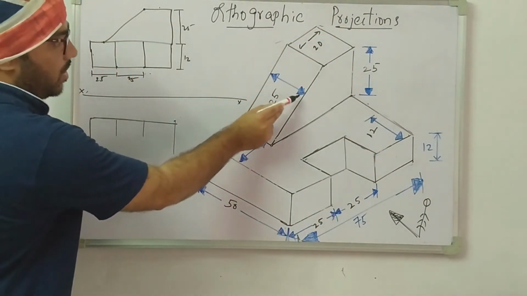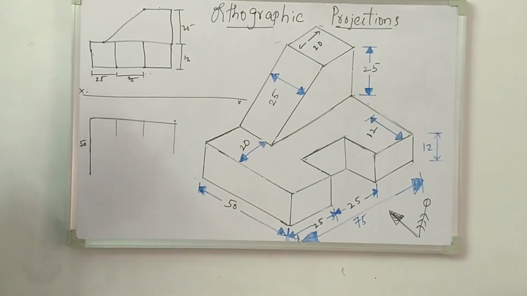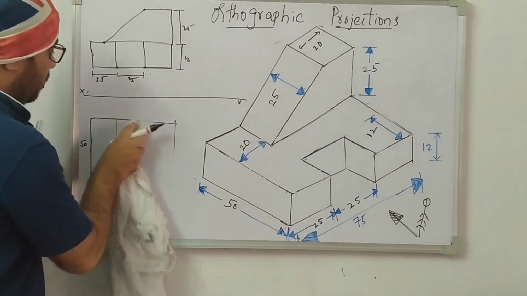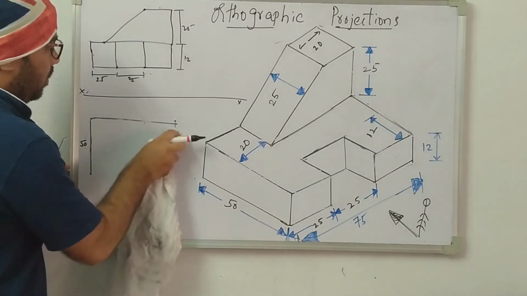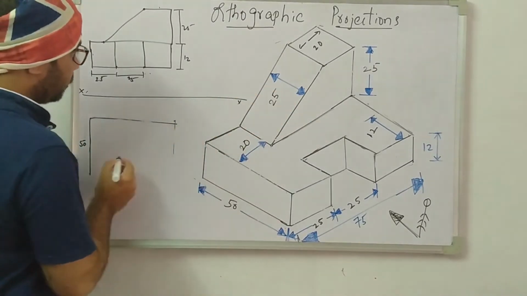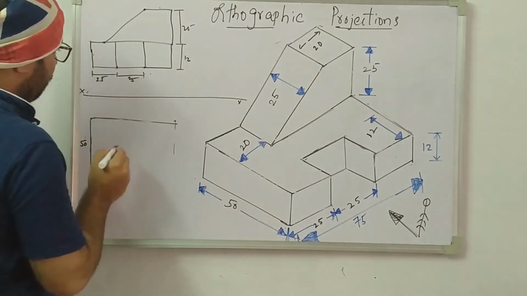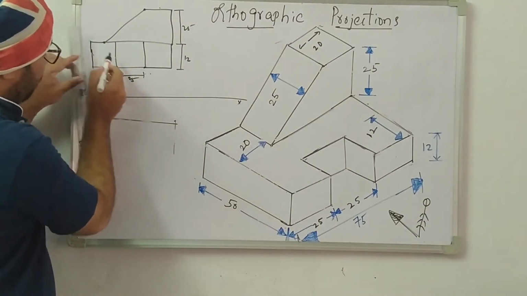Now from here to here how much length is given? 25 mm. So from here to exactly at what length? Exactly at 20 mm. At the 20 mm, this is the 20 mm distance.